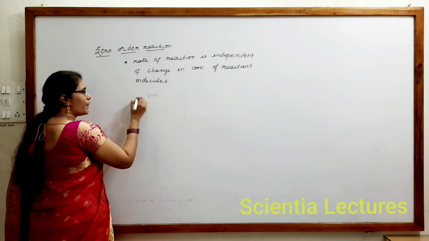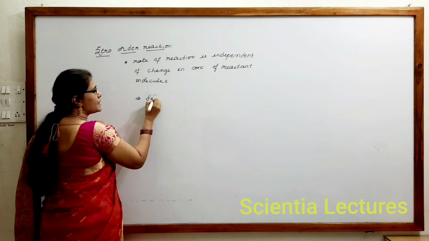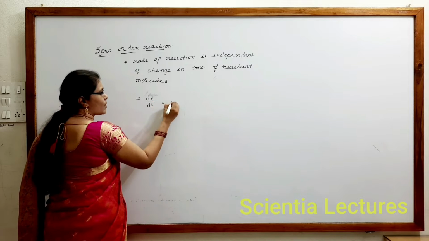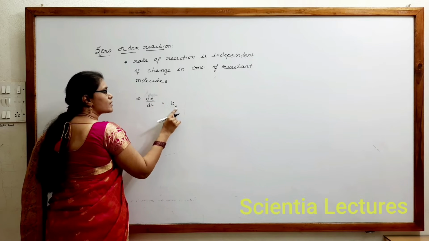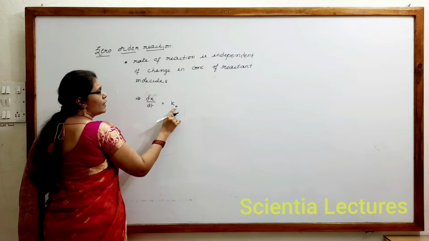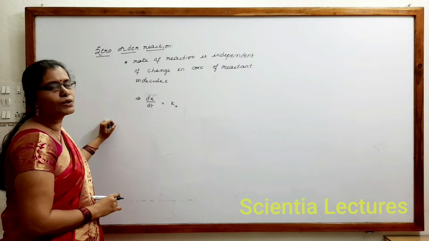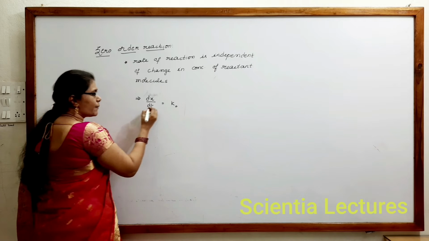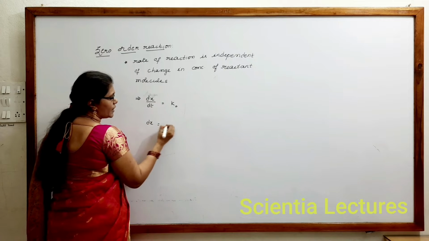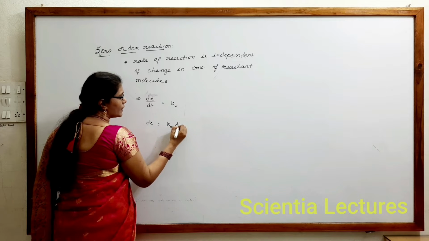So this implies dx by dt must be equal to a constant. As it is the rate constant of a zero order reaction, we keep a zero here to indicate that. So dx by dt equals k naught, which implies dx must be equal to k naught dt.